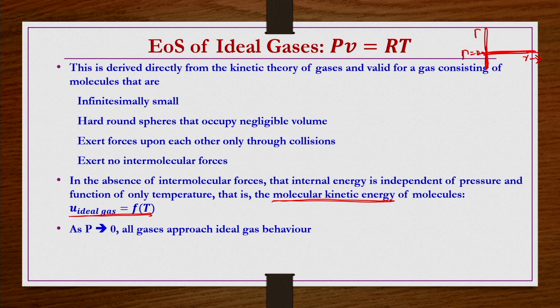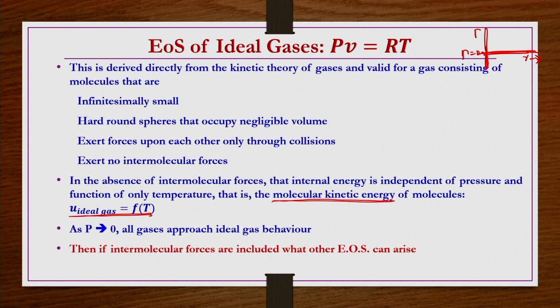In other words, as P tends to 0, all gases approach ideal gas behavior, because if there is no pressure, only the temperature plays a role, and with increasing temperature the molecular behavior becomes more and more random, and the gas becomes a kind of ideal gas. Okay.